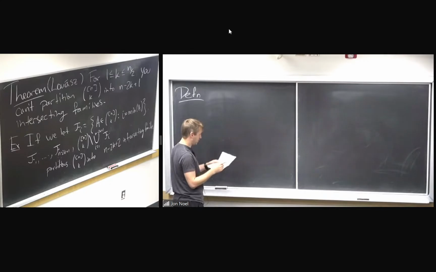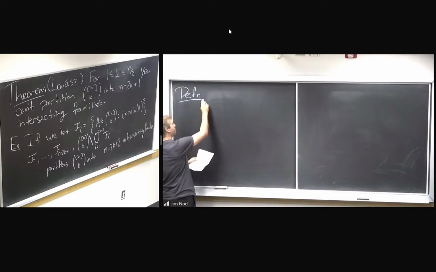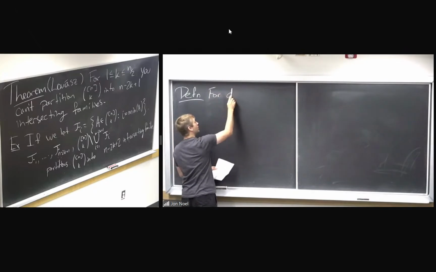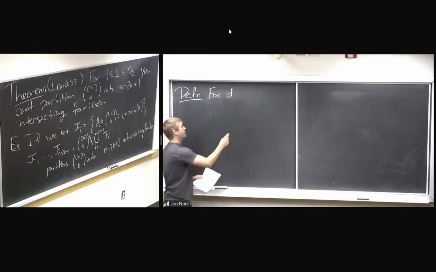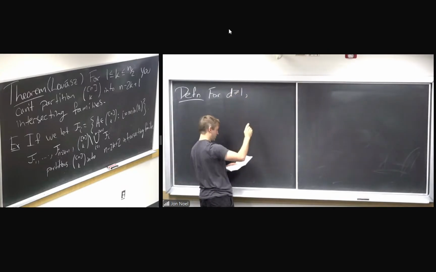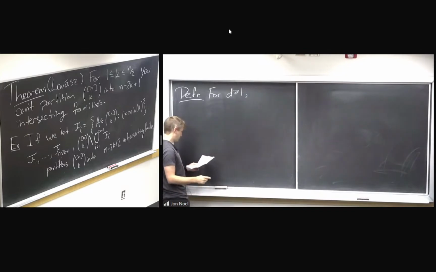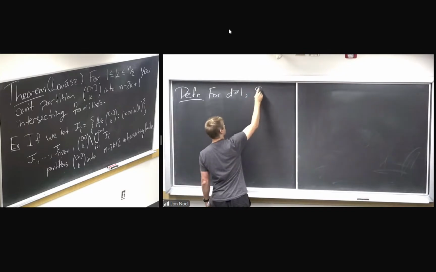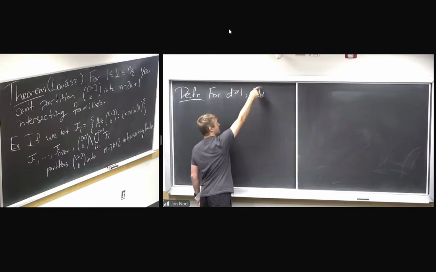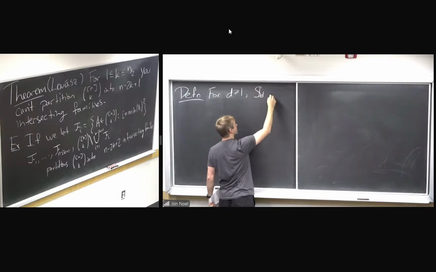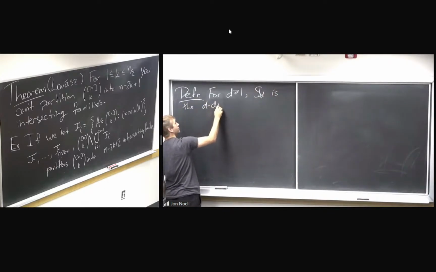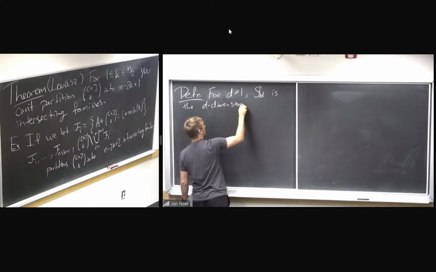The open book exam. Okay, so let's talk about spheres. So for d at least 1, I'm going to use this notation, blackboard S^d. That's the d-dimensional sphere.